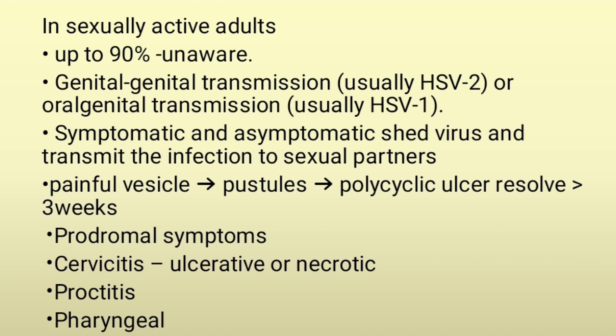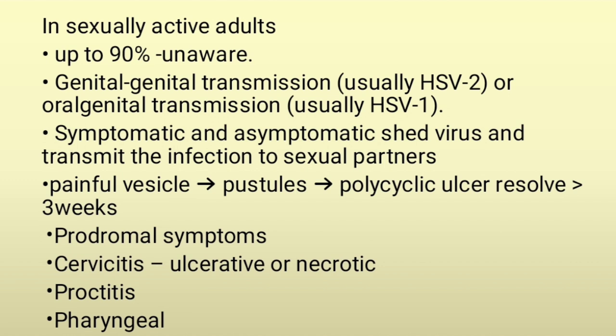The lesion can start as a painful papule or a vesicle that will progress to form a pustule that will coalesce to form a polycyclic ulcer that usually resolves in 3 or more weeks. Prodromal symptoms can precede the onset of lesions, like pain and burning sensation, and even systemic symptoms can be present in the form of fever and myalgia.